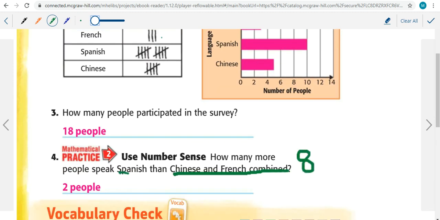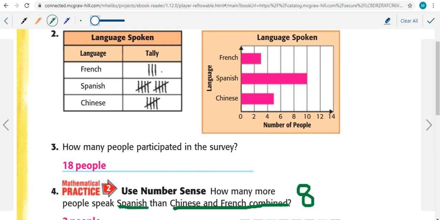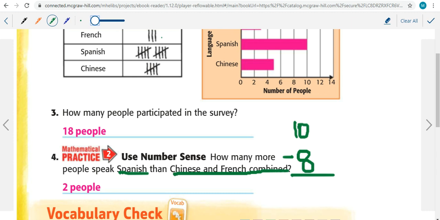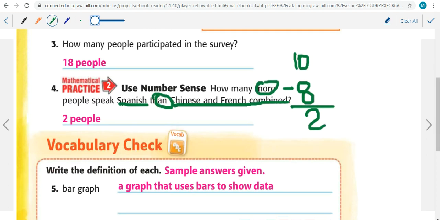Now, Spanish has 10, so to find the difference, you need to subtract. Remember, every time that you see the word more, then you are comparing two things, so you need to subtract. 10 minus 8 equals 2. The answer is 2.